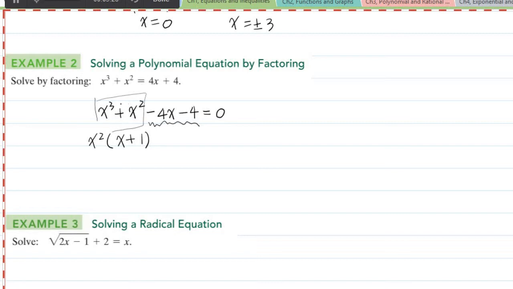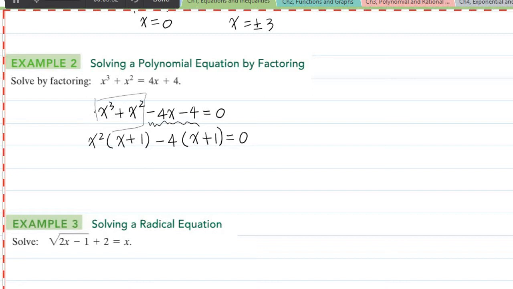Then for the second group, we can take negative 4 out. Remember, when you take negative 4 out, you have x left, and negative 4 times negative 1 gives plus 1. We really want to be careful about this: you take negative 4 out, you're going to have a plus 1.